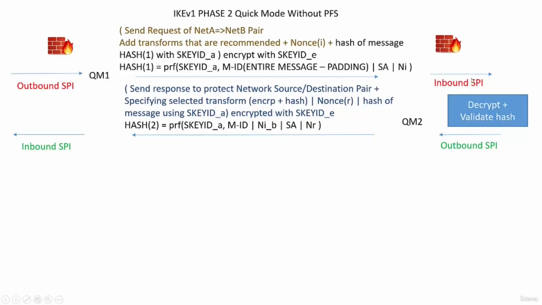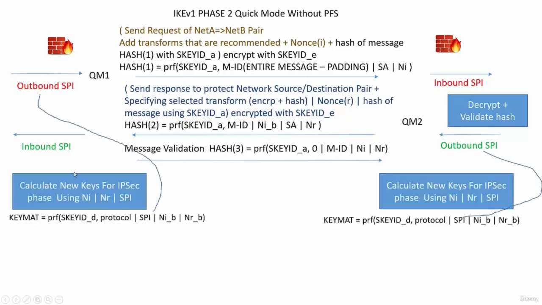Outbound SPI on this side will be the inbound SPI on the other side. And then it is going to validate the message. It will do a message validation which has hash 3. It is using the message and the nonce I and nonce R in this validation, and this message will be sent to the opposite side.